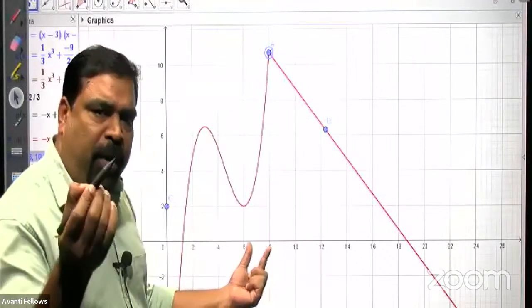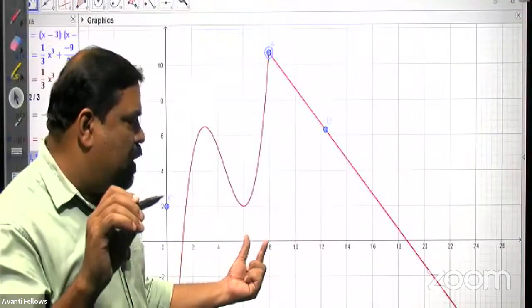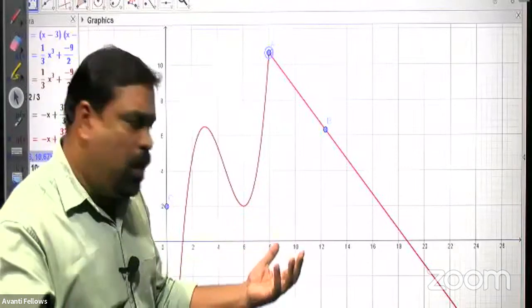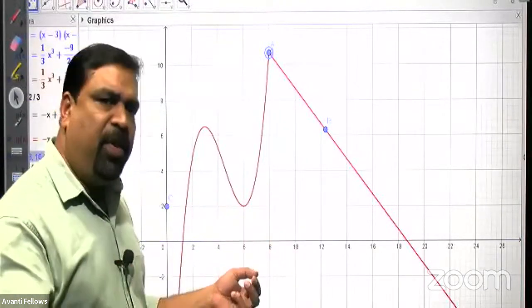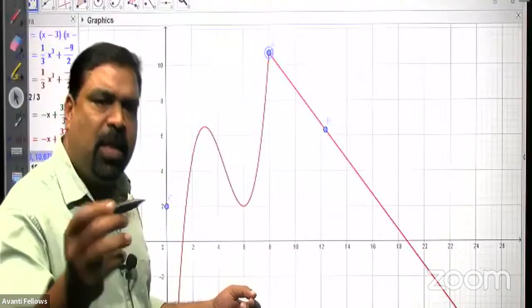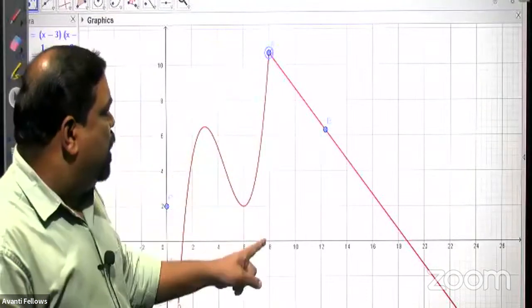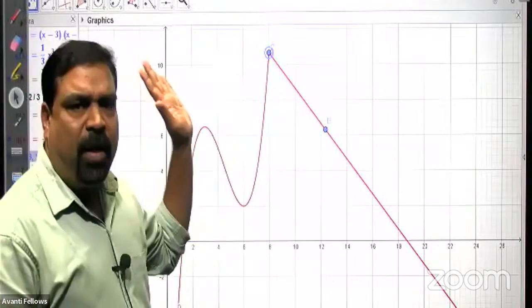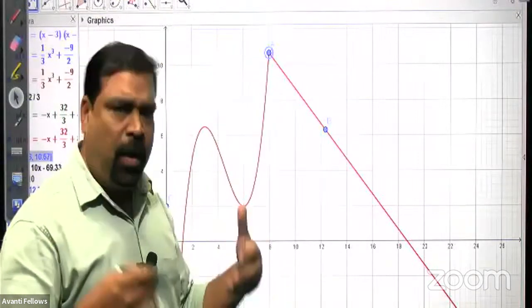So a critical point can be a point where the function is not differentiable, or it is differentiable also, meaning the derivative is equal to 0. If it is differentiable, the derivative will be equal to 0. So 8 is a point of local maximum very clearly. So that's the meaning of local maximum or local minimum.